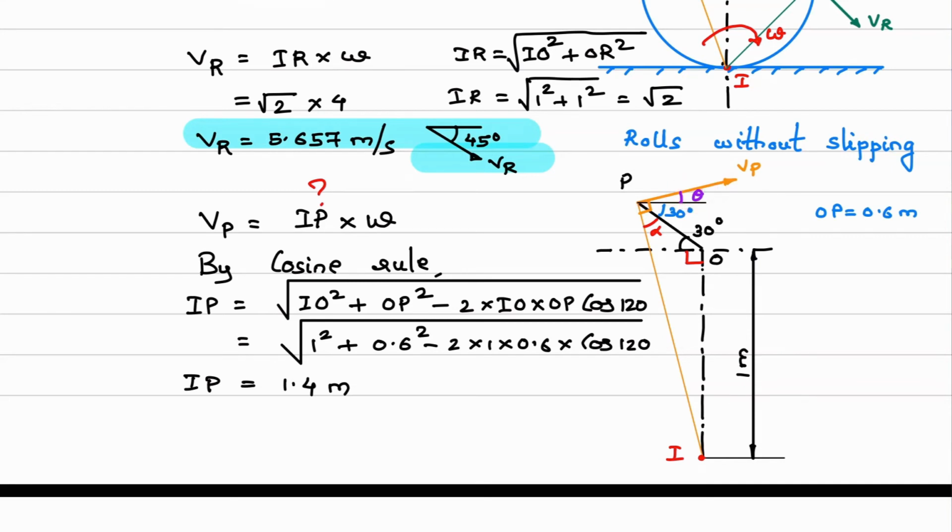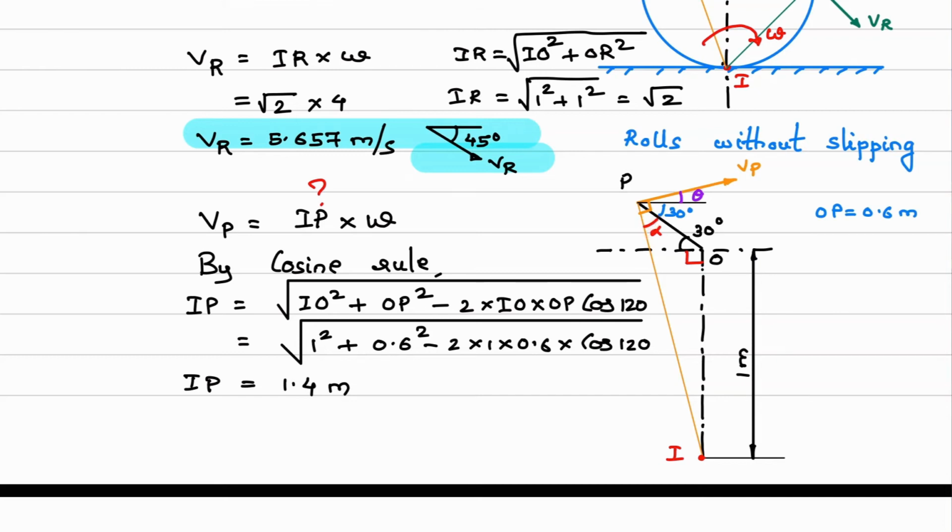Now in order to calculate this theta, I have defined here angle alpha. By sine rule in this triangle IOP, apply the sine rule to calculate angle alpha.